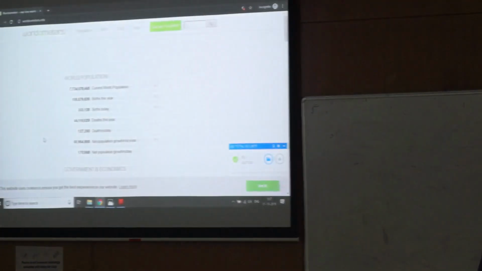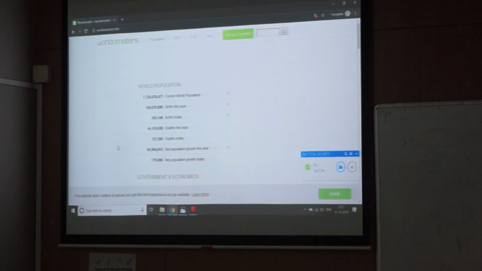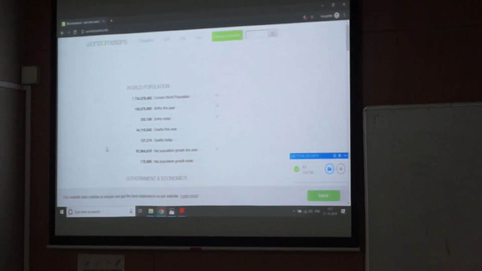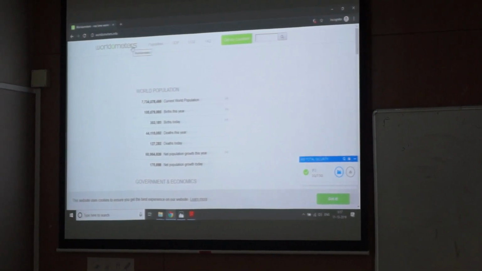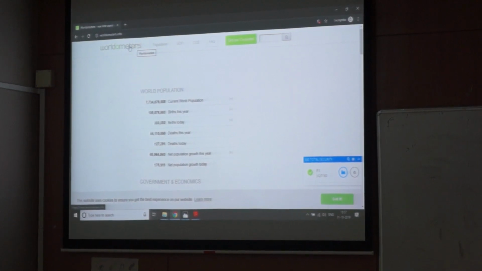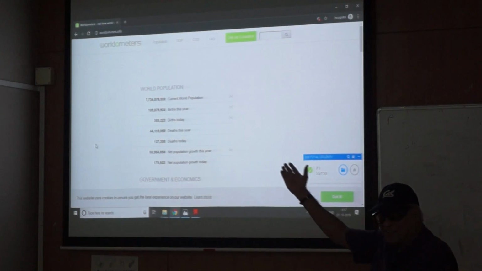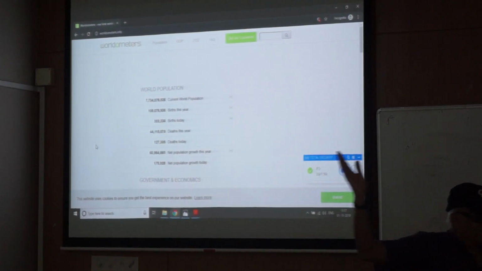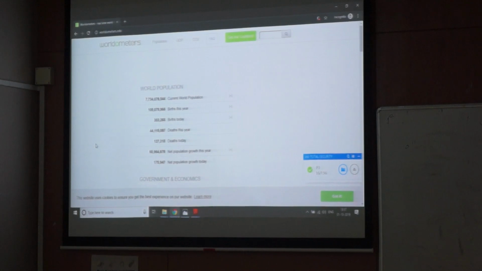Look at worldometer.com. Picometer of the world. Oh, real time.